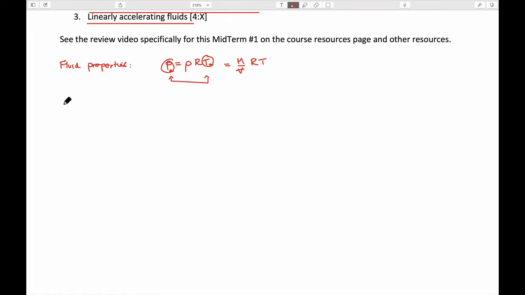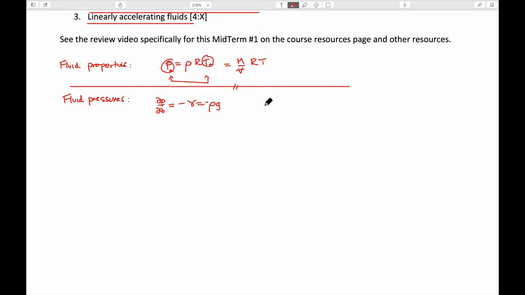For fluid pressures, we always know that the change in pressure with elevation is equal to the unit weight, which is the same as rho g, which is the same as minus rho g.